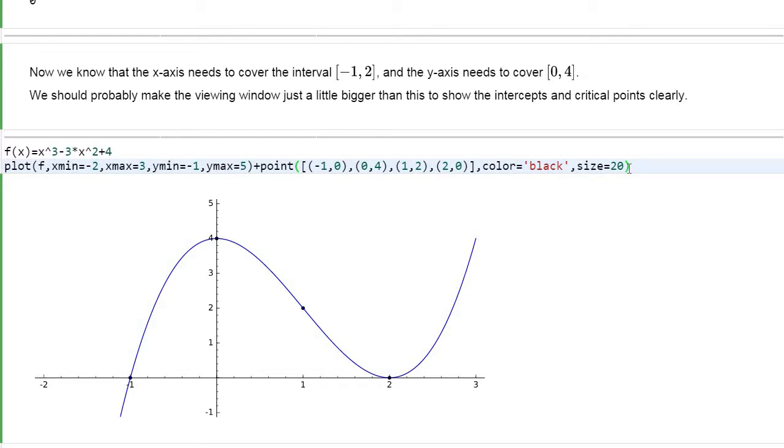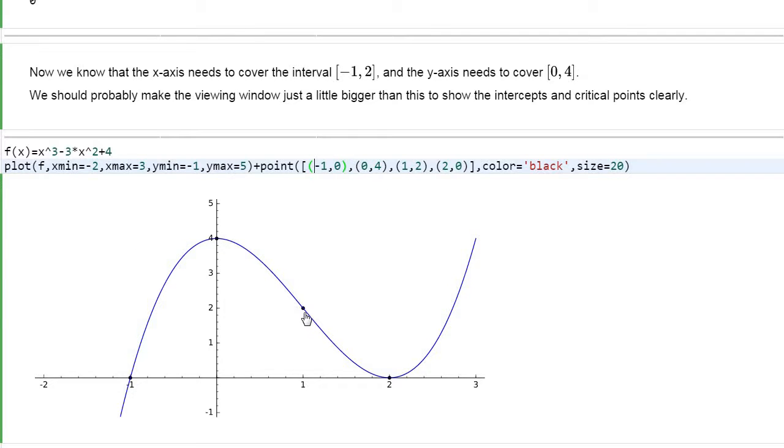It starts there. This is the end of the point command right here. This bracket starts a list of points for it to plot. So square brackets around your points. And then these parentheses are the parentheses for the ordered pair. So this is the ordered pair -1, 0. That's this x-intercept right here. 0, 4, that's the y-intercept right there.